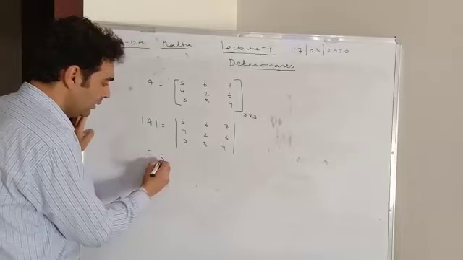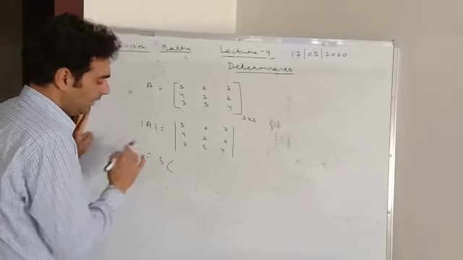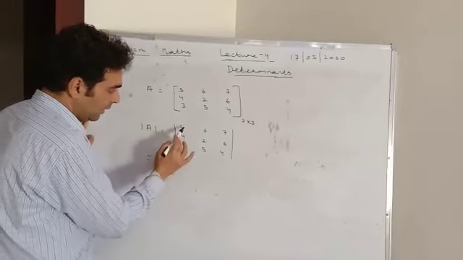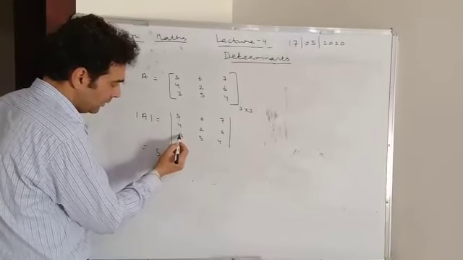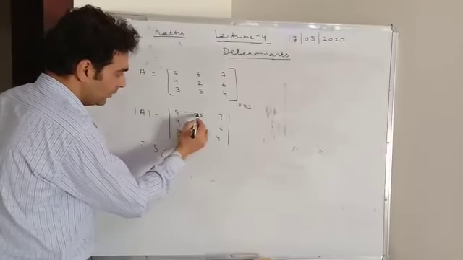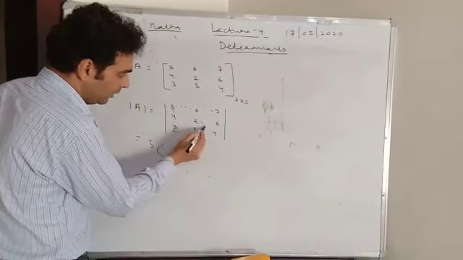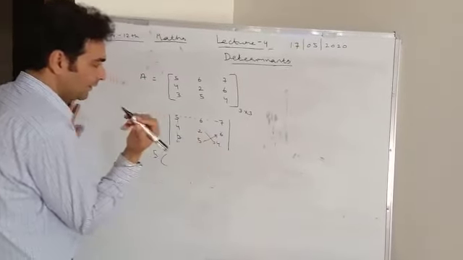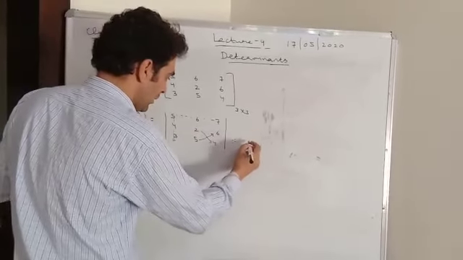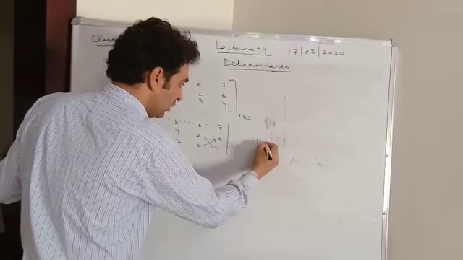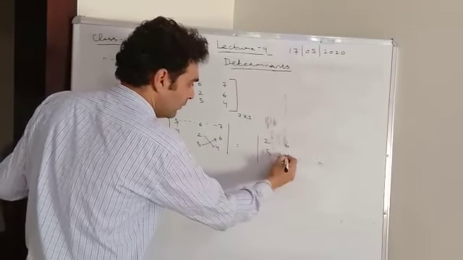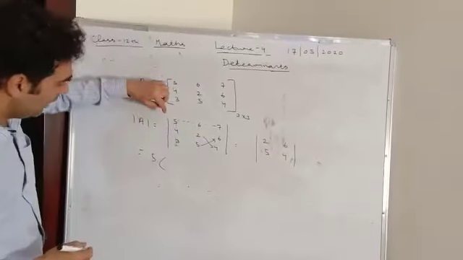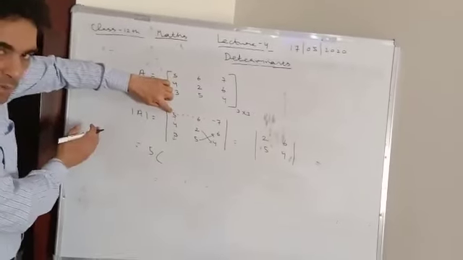Now what will you do? Take 5 and cut this column and this row. You will be left with 2 6 and 5 4. You can write it in this way: 2 6 5 4. For example, you have taken 5, so 5 will be outside.